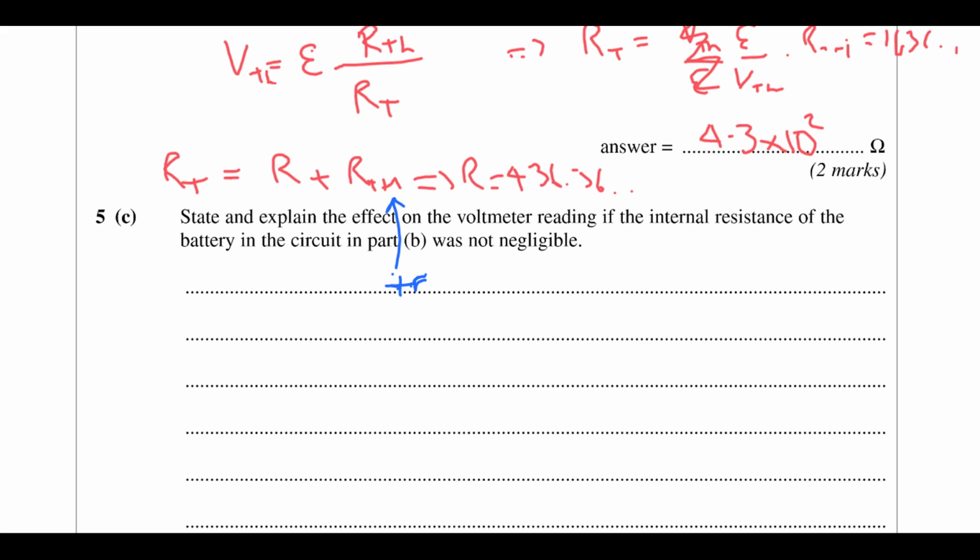So what's going to happen is the total resistance is going to increase if we have internal resistance, which means the current is going to decrease. We've got the same EMF, but now increased resistance, so the current decreases. So if we look at Ohm's law, the resistance of the component itself, the resistor, stayed the same, the current has decreased, so that's going to have the effect of decreasing the voltmeter reading.